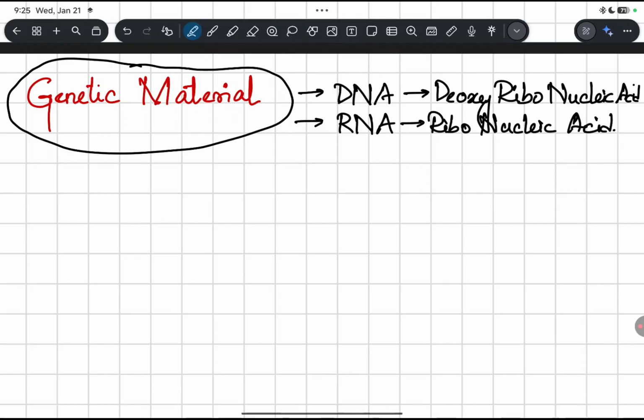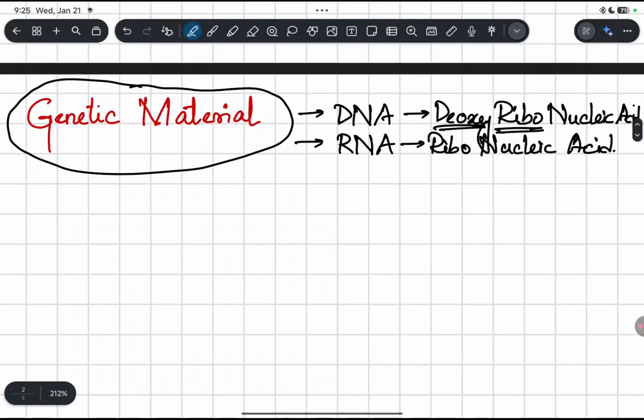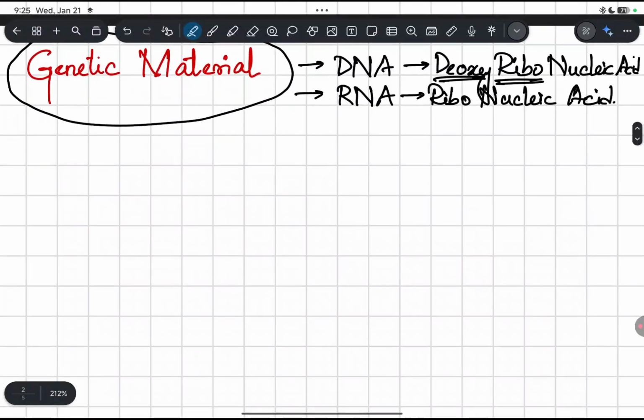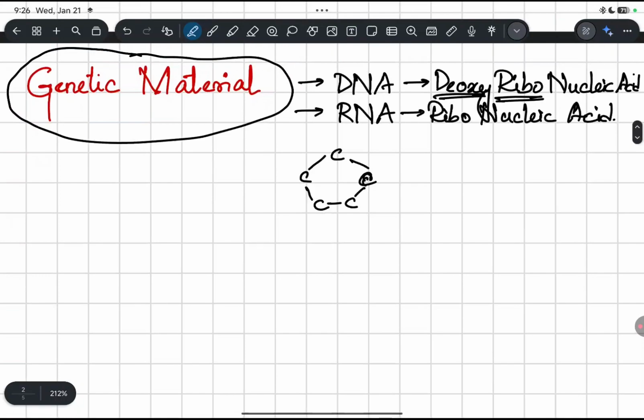So why deoxy? Deoxy is there because the oxygen molecule has been removed, right? And ribose because it contains a sugar, right? A sugar named ribose sugar. The structure is like this. Structure of ribose sugar, right?